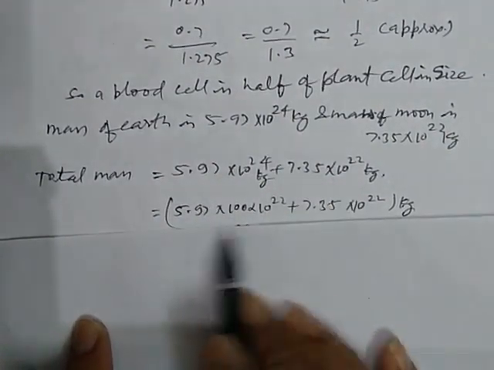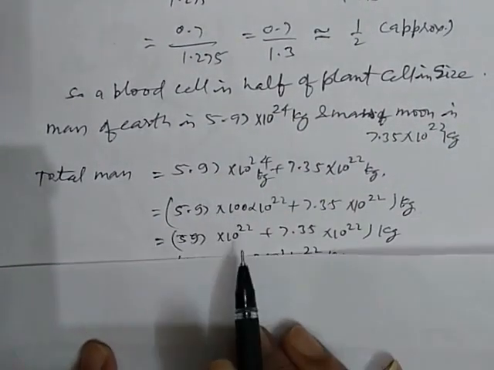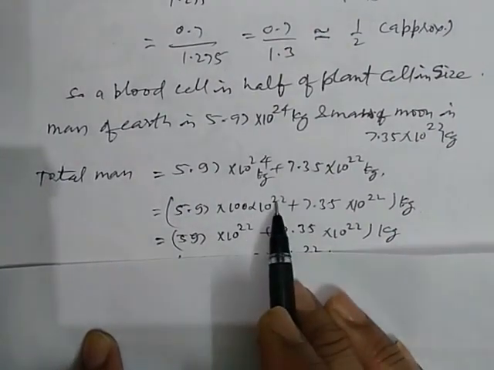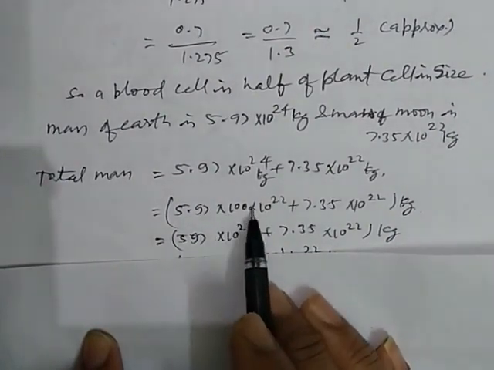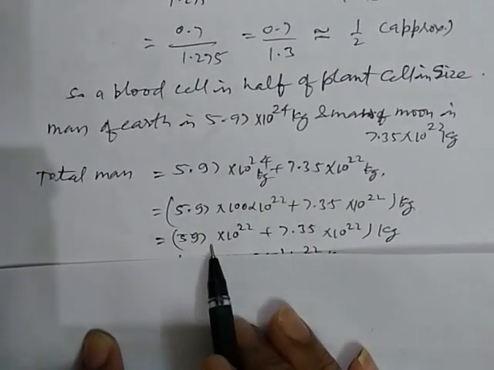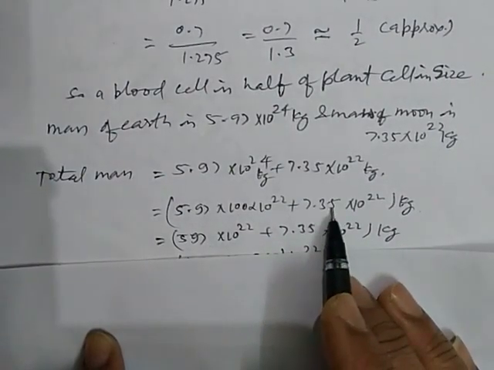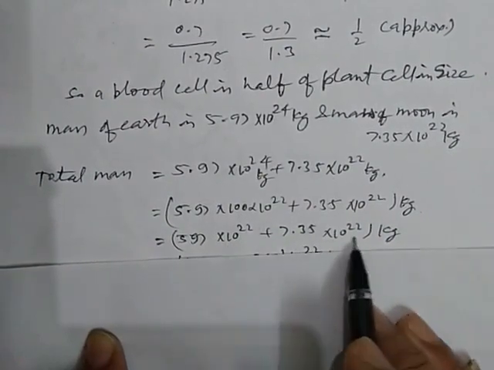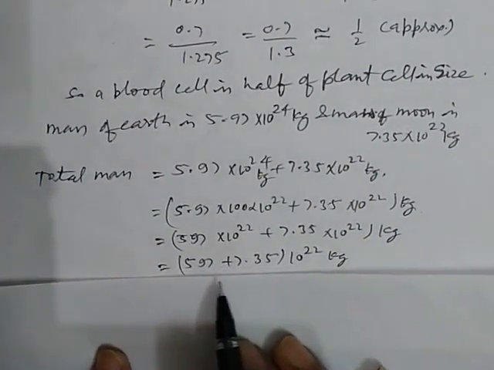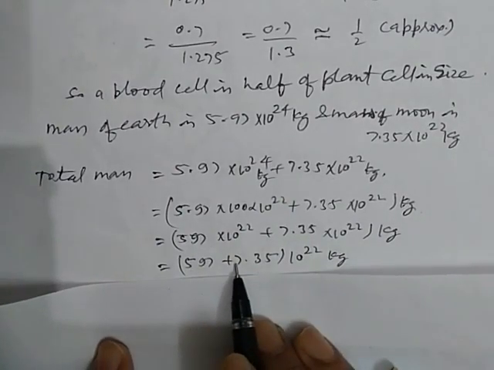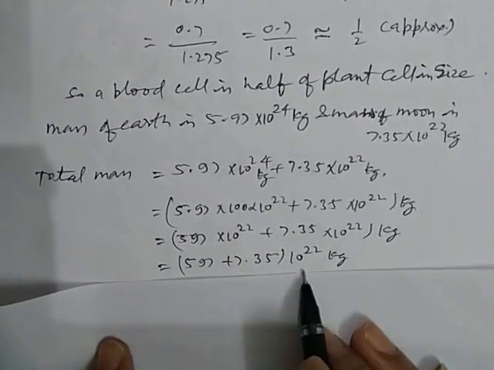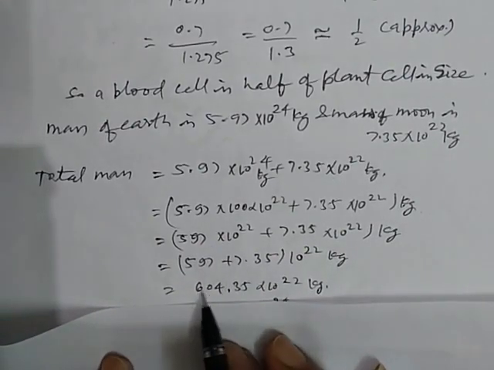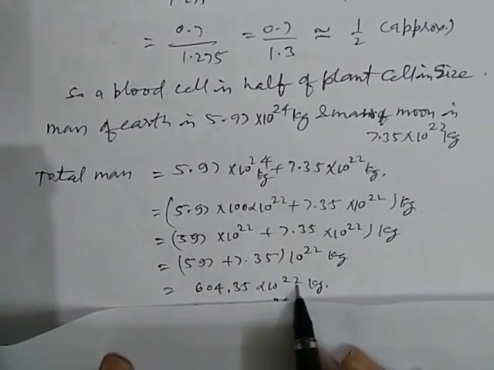So 5.97 into 10 raised to the power 22 becomes, by multiplying by 100, 597, and here 7.35. These figures are added, and 10 raised to the power 22 is common. So we can write 597 plus 7.35 and 10 raised to the power 22 kg common. By adding, this becomes 604.35 into 10 raised to the power 22 kg.